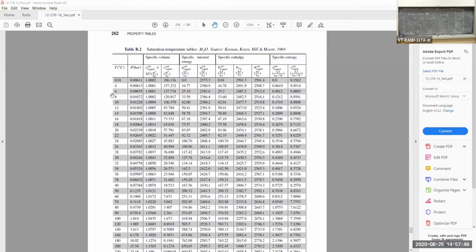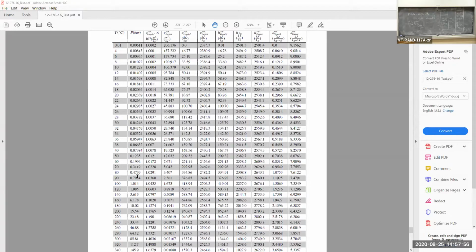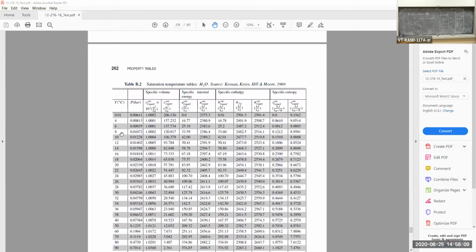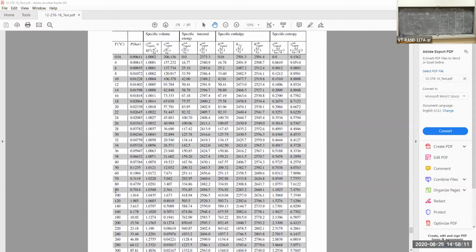This is from the text. Let's see if we can find a pressure equal to 1 atmosphere. This is in bar. 1.014, that's actually 1 atmosphere right there. Move over to the left, T sat, or the boiling temperature at 1 bar. T sat at 1 bar is 100 degrees C.